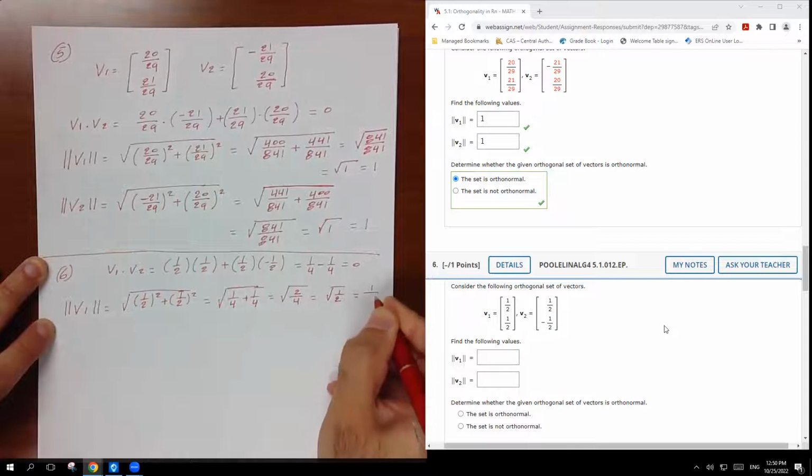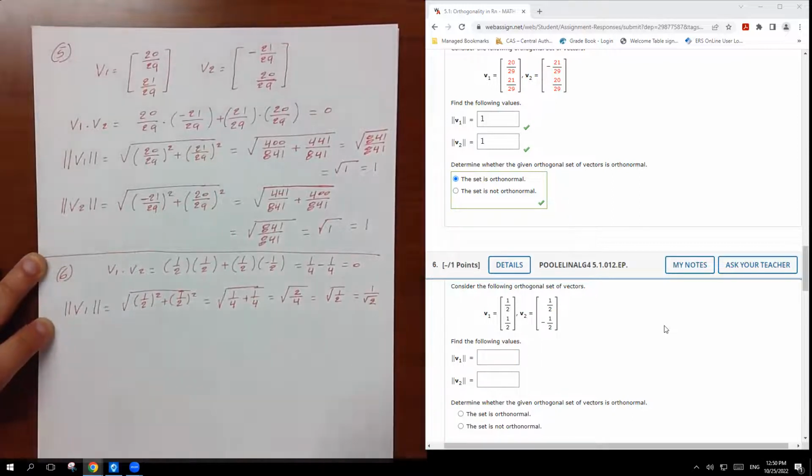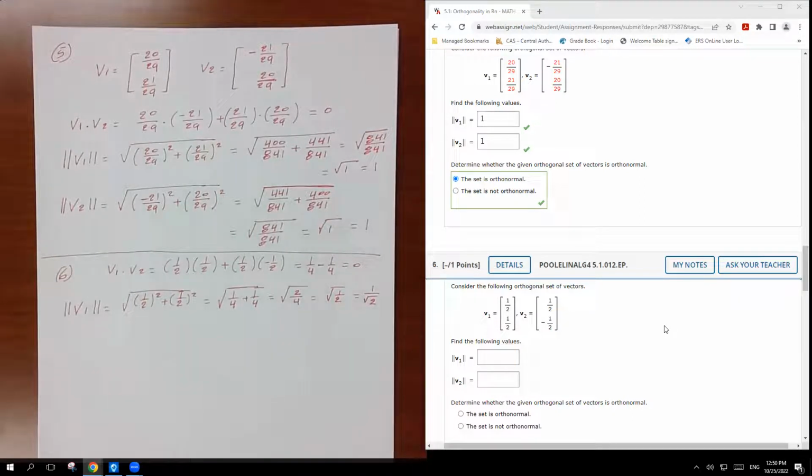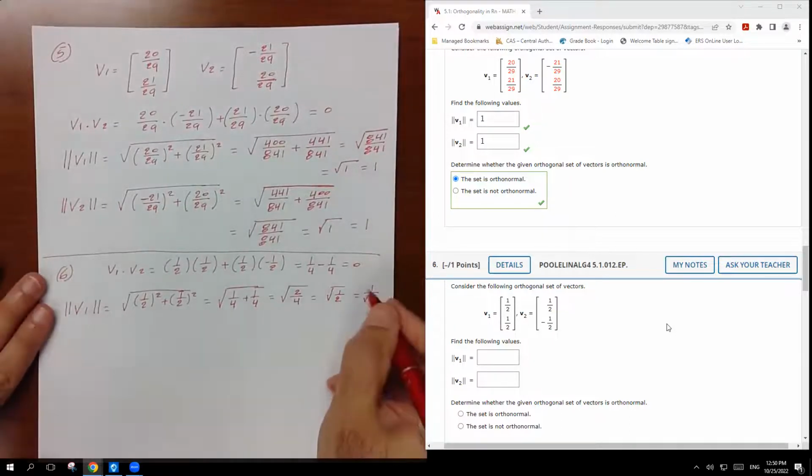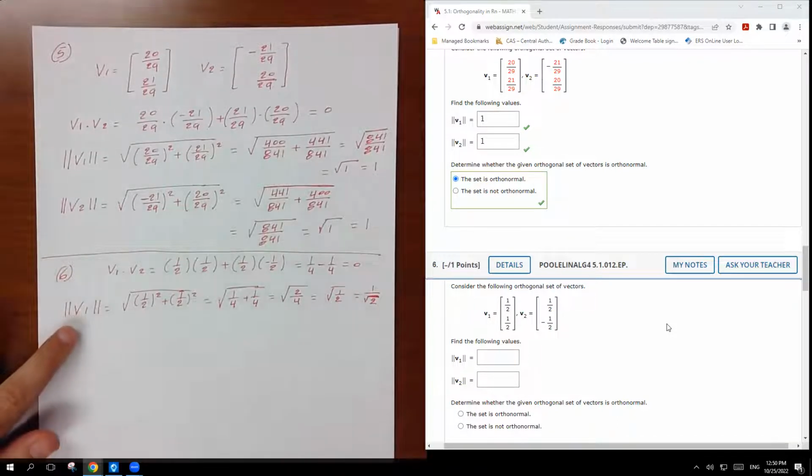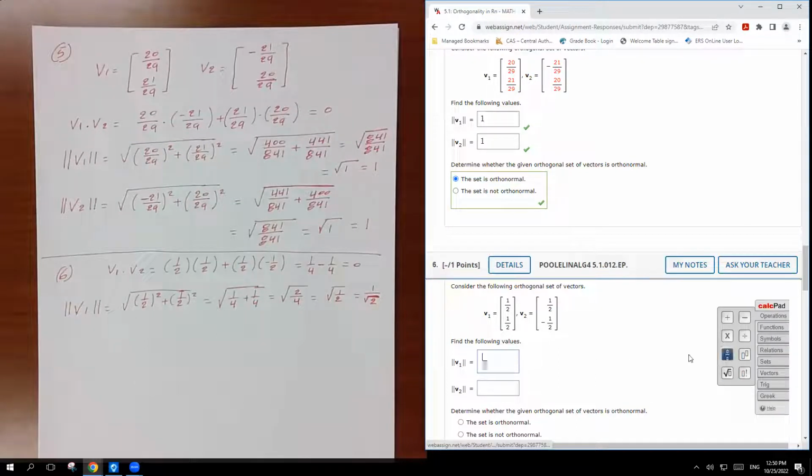And this is 1 over the square root of 2. This is not equal to 1. So in this case, this is not an orthonormal set. By just proving the length of the first vector is not 1, that means this is not an orthonormal set. So we're going to just type here 1 over the square root of 2.